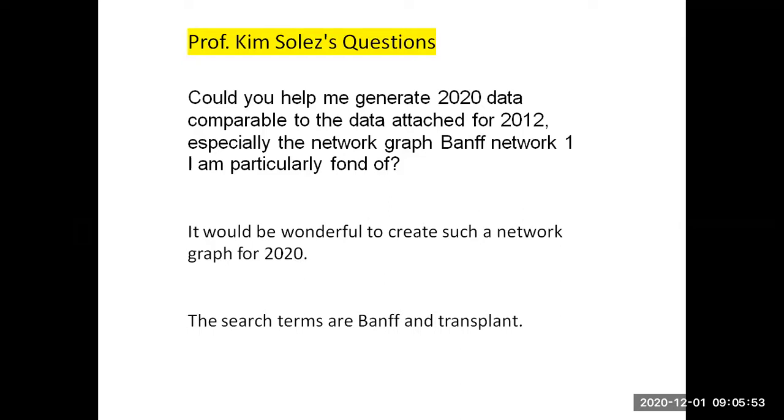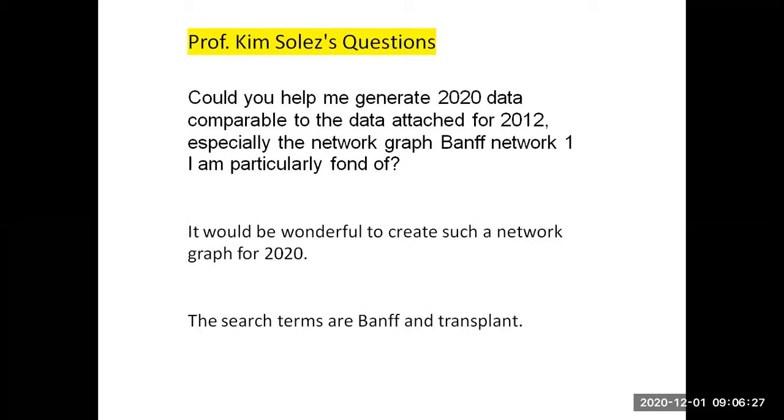So, in short, he had some experience with many other software and he was making these networks himself for quite some time. And then he approached me to generate data for 2020 here, which was asked in order to compare with the 2012 network, especially for the Banff transplantation classification.